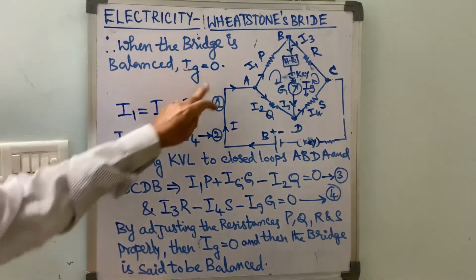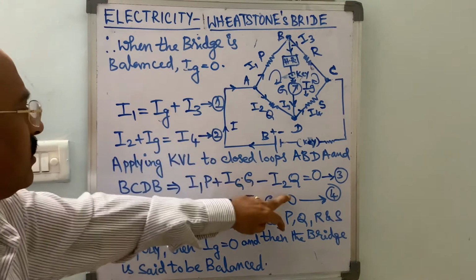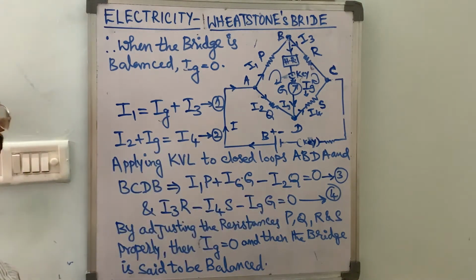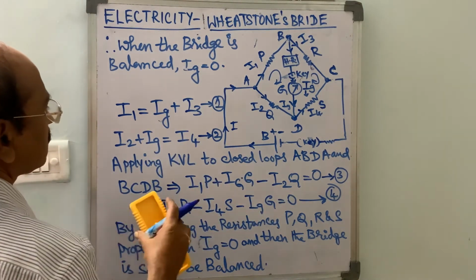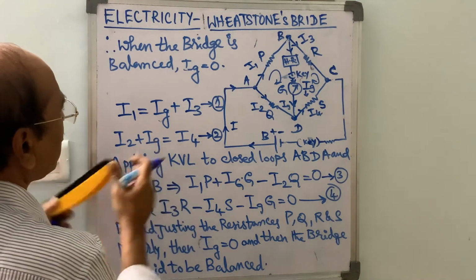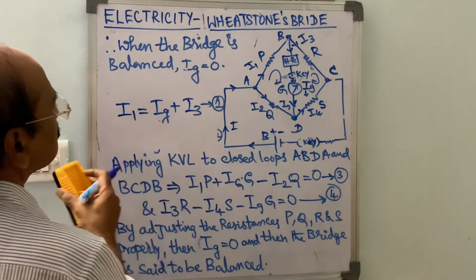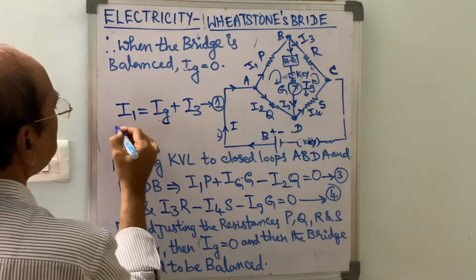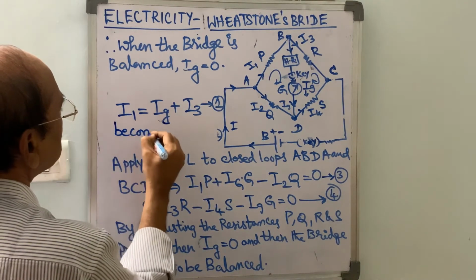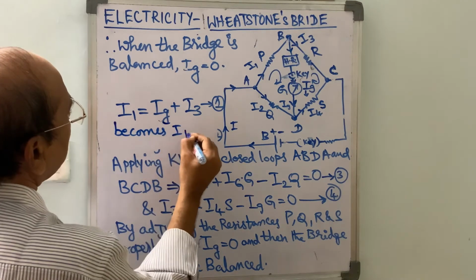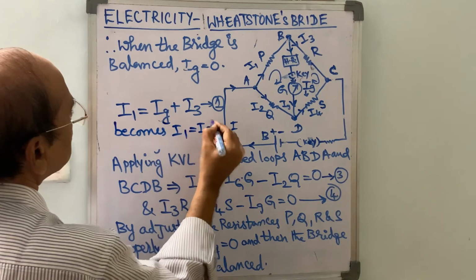Substituting the value of Ig equal to 0 in all the 4 equations, then equation 1 becomes I1 equal to I3.